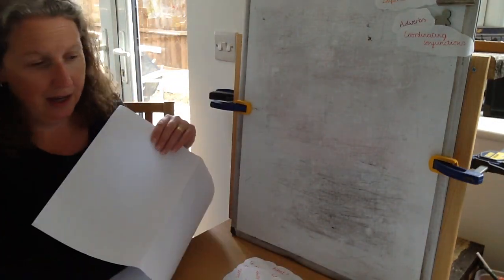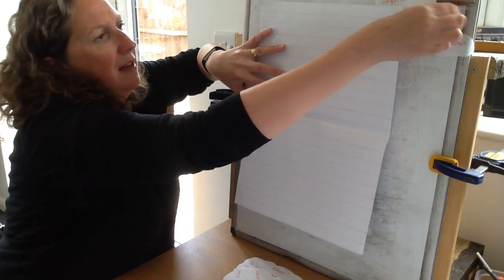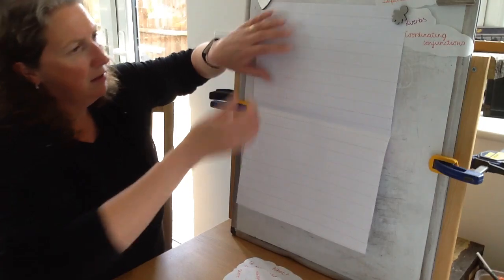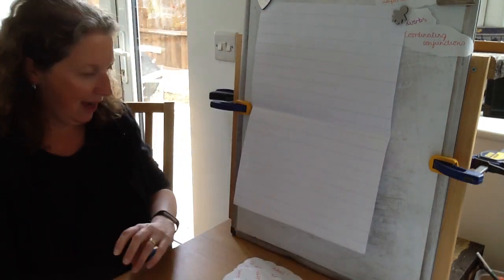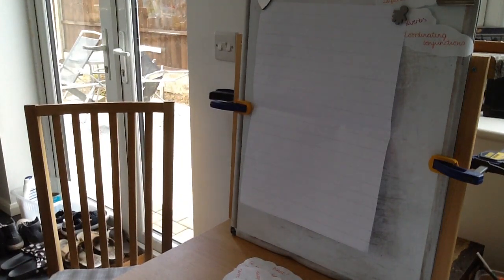Okay, so I have got my piece of paper, and I'm going to fasten it up with my magnets. So hopefully you can see that. Okay, I'm just going to have a look to make sure that you can. Yep, fantastic. That will do.